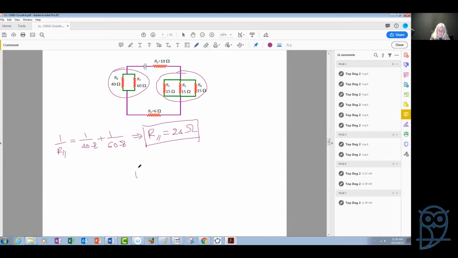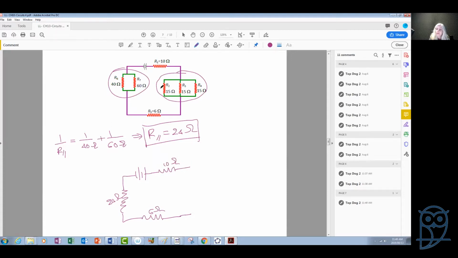So we can redraw this circuit now. We start by replacing this combination with its equivalent, which is 24 ohms. And then we have this resistance here, which is 6 ohms. And then there is also another single one here, which is 10 ohms.